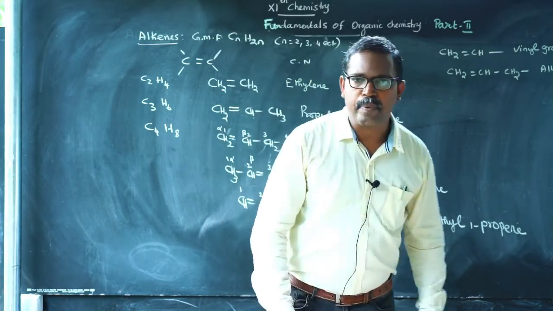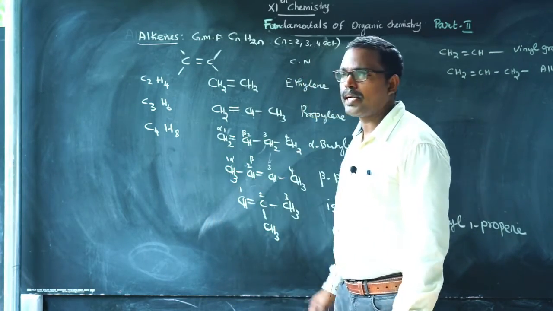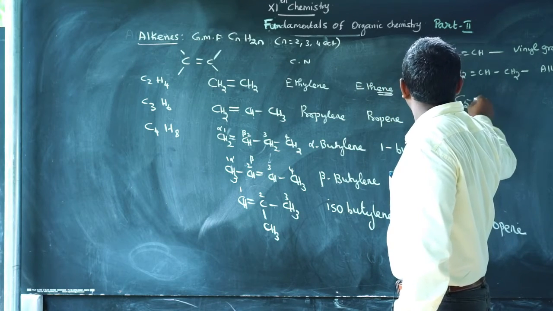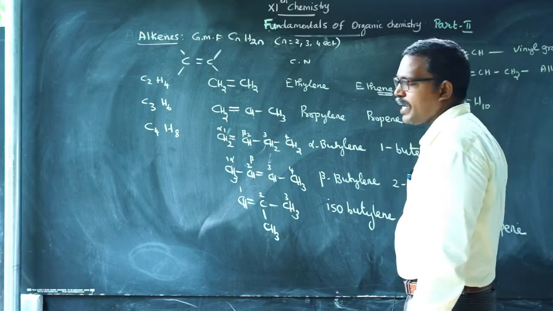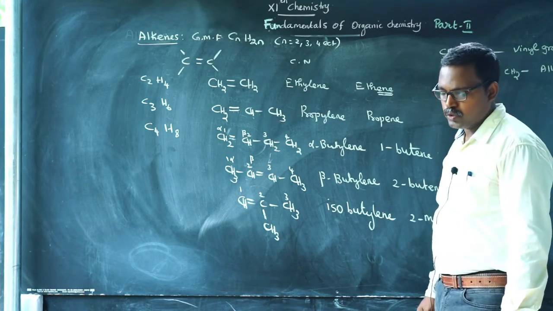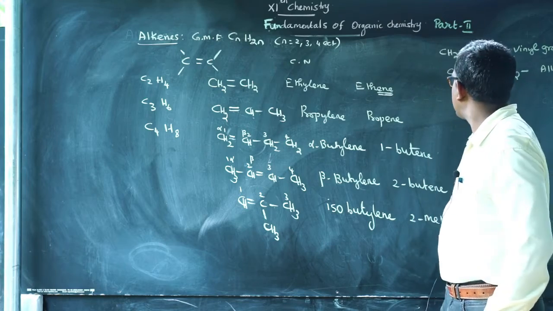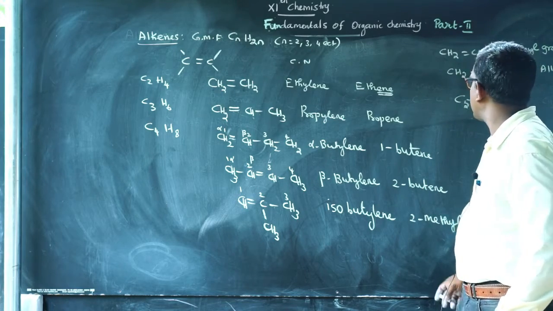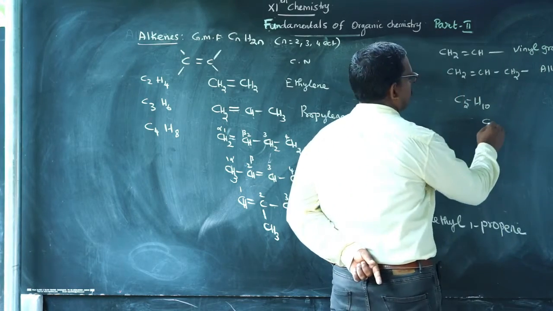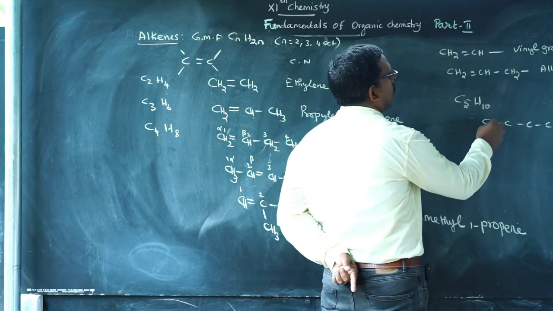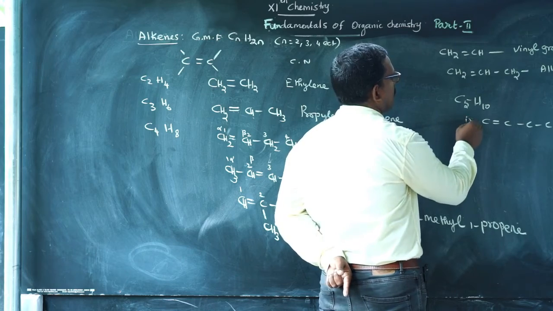You can practice with other hydrocarbons, especially C5H10. How do you find the various compounds of C5H10? First, draw the carbon backbone and put the double bond here. It's the first compound.